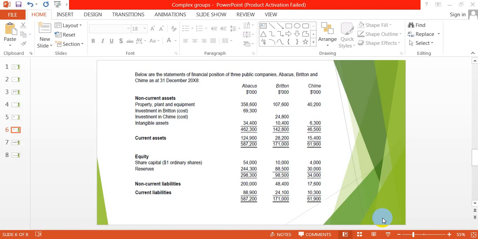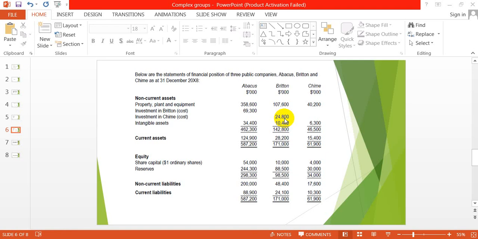We can see from the balance sheet that Abacus invested 69.3 million in Britain and 24.8 million in C. So we need to calculate the goodwill.